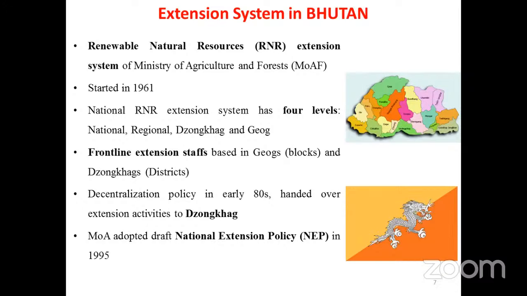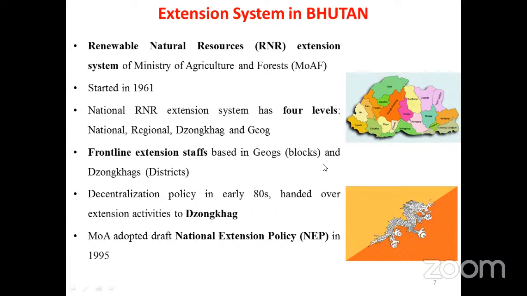It works at four levels: national, regional, Dzongkhag, let's say district, and blocks. These two terms you can remember as far as exams are concerned, as in multiple choice questions you may be asked about this. And the frontline extension staff were based in these blocks and districts.